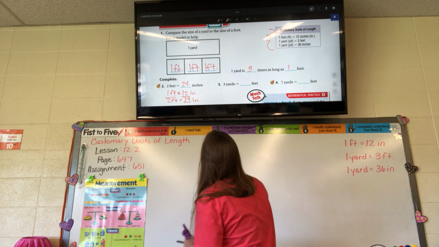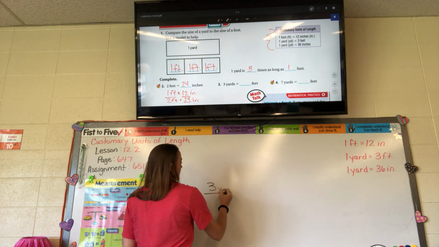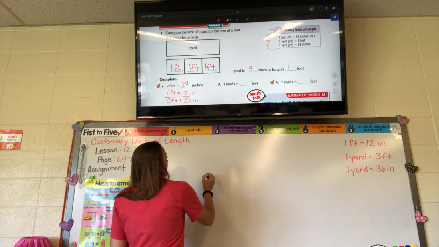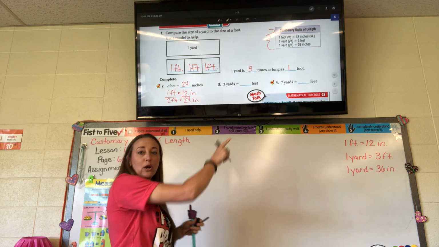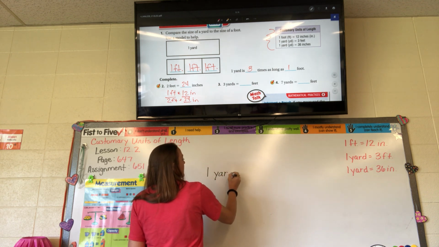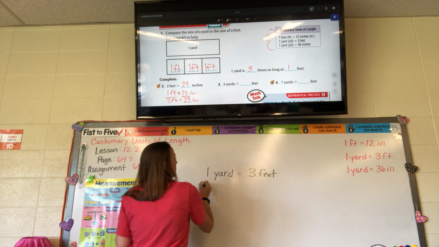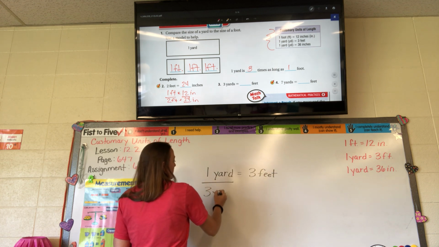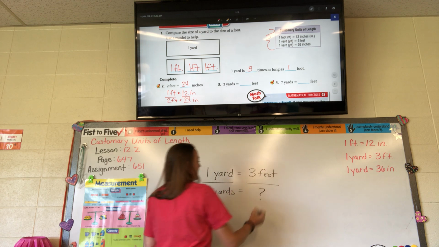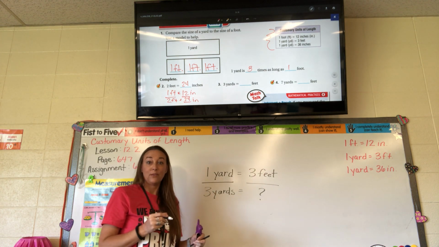On the next one, we have 3 yards. Let me do this differently. Okay. We're going from yards to feet. So here's our comparison. 1 yard equals 3 feet. So 3 yards would equal how many feet? Well, what do you multiply 1 times to get 3? 3, right?